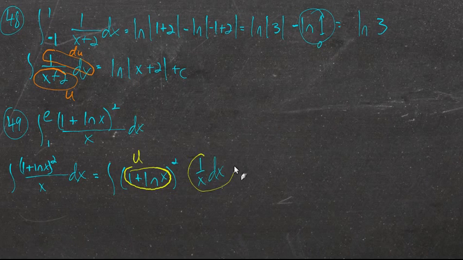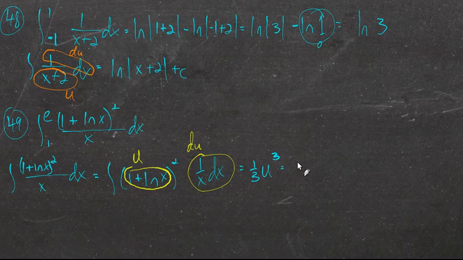And if this is u and we take the derivative, we'll get 0 plus the derivative of natural log of x, which is 1 over x dx. So this is du. So now what we have is u raised to the second power du, and that's the simple power rule. That's just going to be u to the third. We're going to raise u to the third and multiply by 1/3, and that's it.